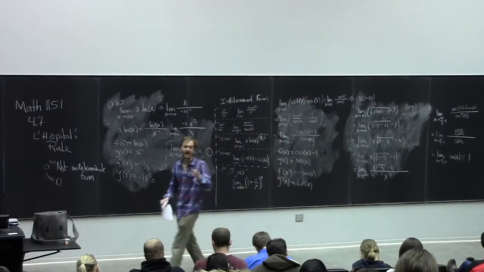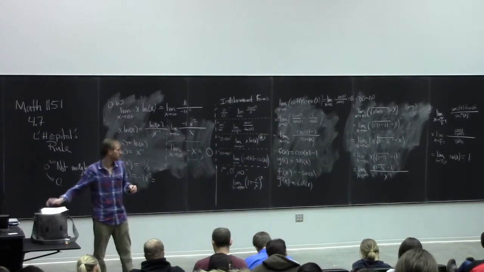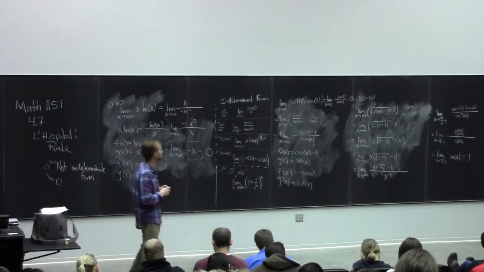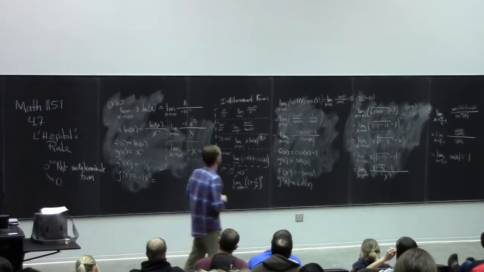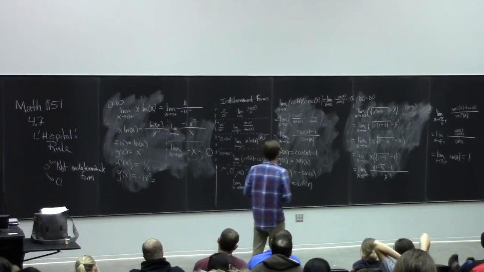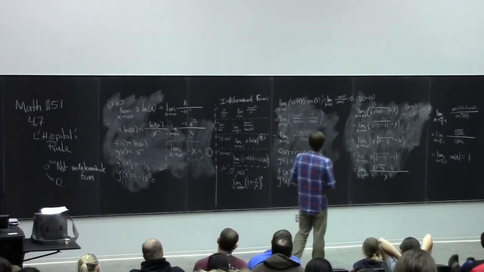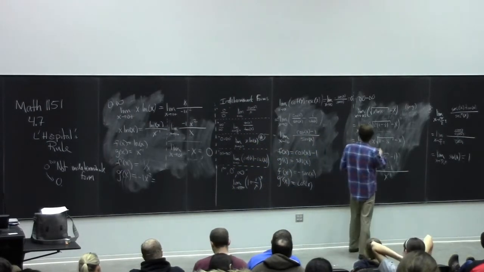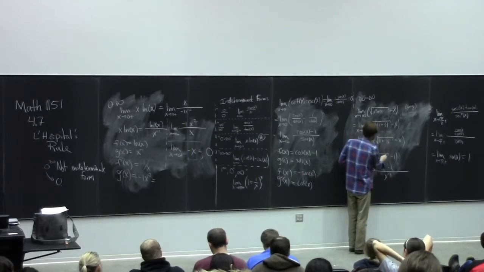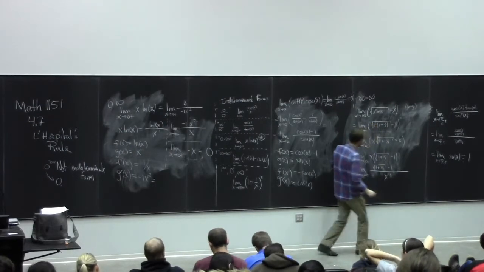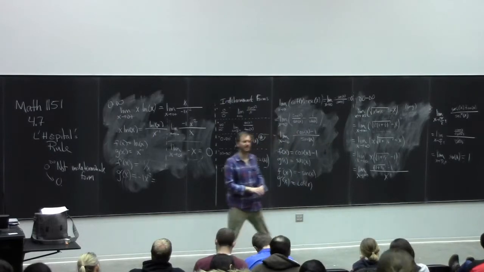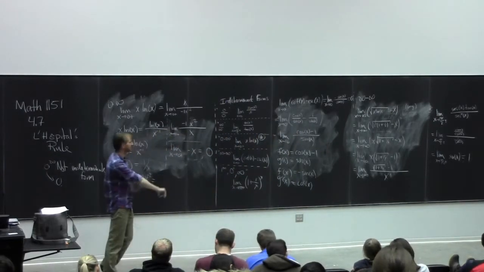And so now yes? Why is it all of a sudden under the radical minus instead of plus? That's a good point. You just can't see these pluses. I'm sorry. Yeah, it's a good point. Thank you very much.